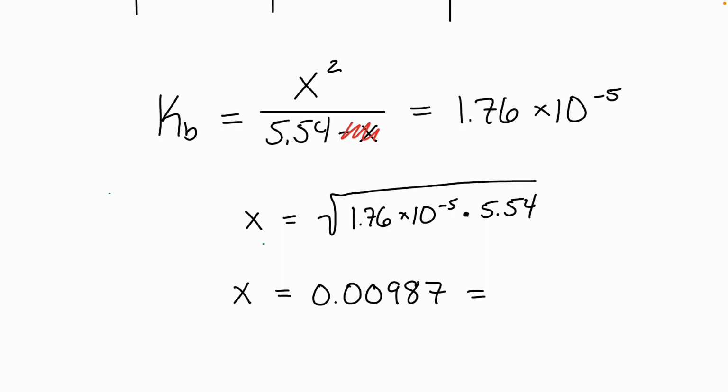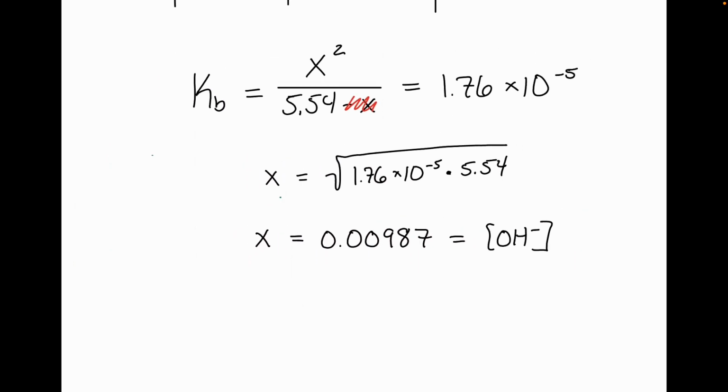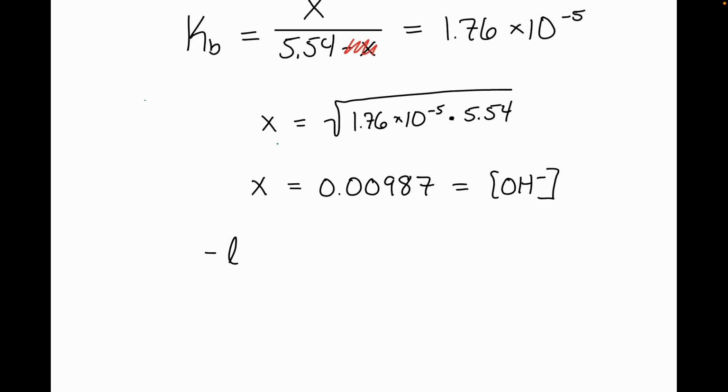And again, x is my concentration of hydroxide. I'm looking for the pH, so I'm going to take the negative log of x, and that will give me pretty much 2 flat. 2.005.